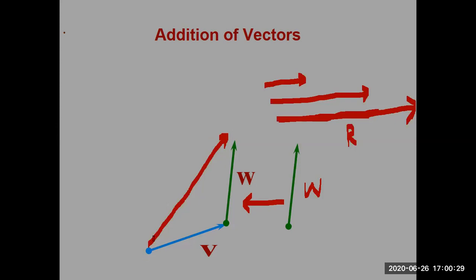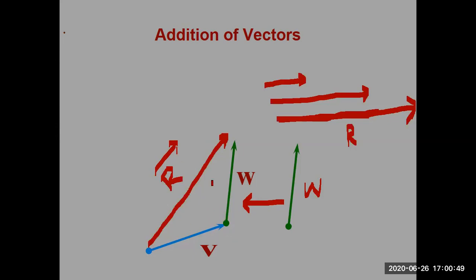Finally, a vector is drawn whose tail is the tail of the first, and head with the head of the last. This type of addition of vectors is called the head to tail rule, and the vector obtained is called the resultant vector, whose effect is equal to the combined effect of both the vectors added.